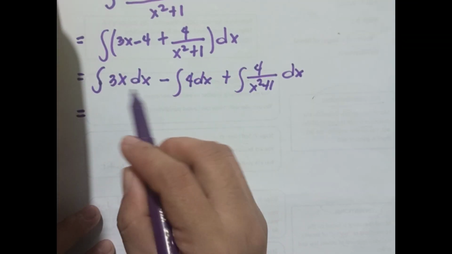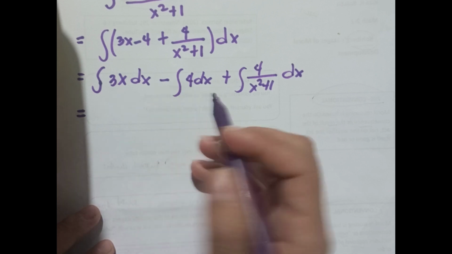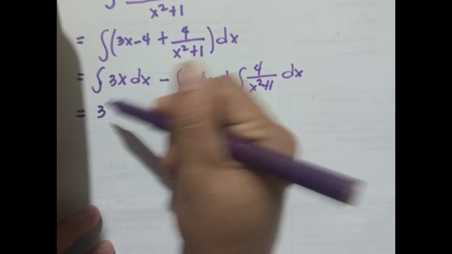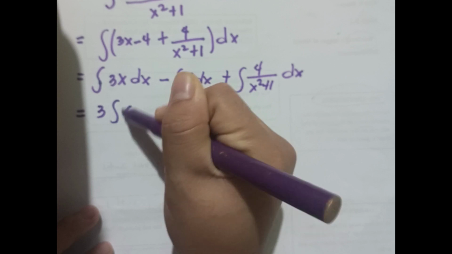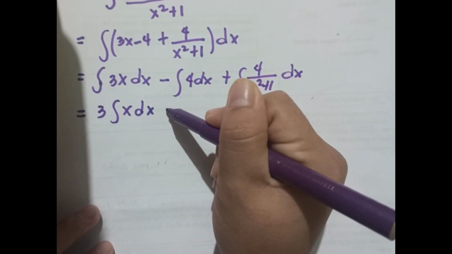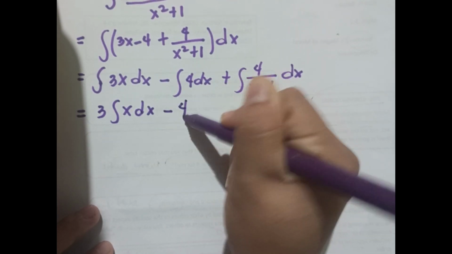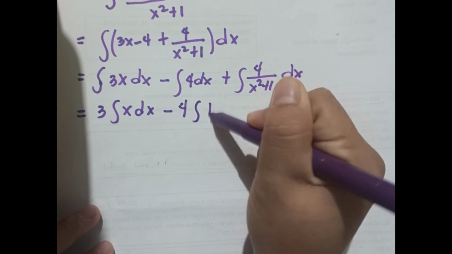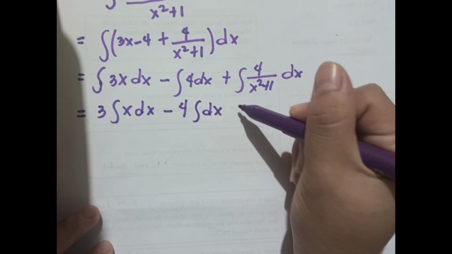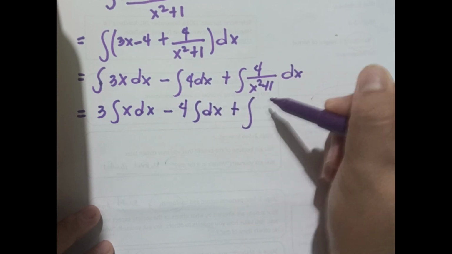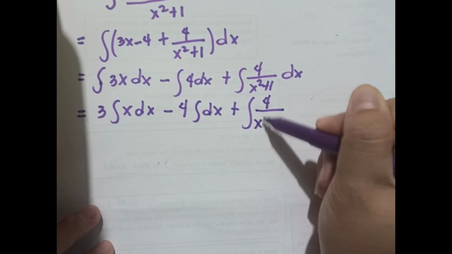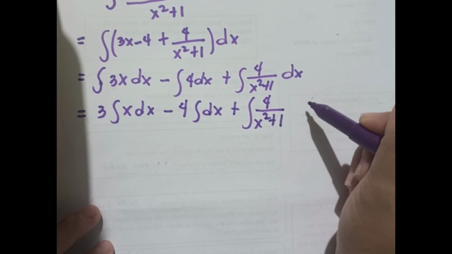First, put the constants outside. So that is 3 times the integral of x dx minus 4 times the integral of dx, and then plus the integral of 4 over x squared plus 1 dx.